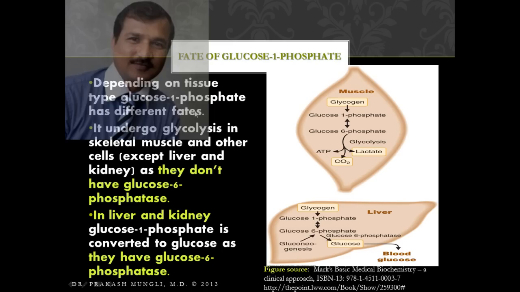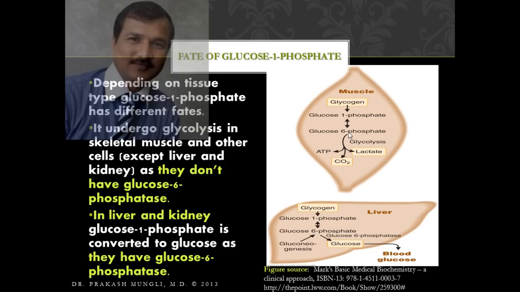So what happens to the glucose 1-phosphate that is released by glycogen phosphorylase? It all depends on which tissue this glycogen degradation is going on. We'll take muscle as a peripheral tissue, and it applies to other peripheral tissues apart from the liver. In skeletal muscle and other tissues other than the liver, glycogen is broken down and released as glucose 1-phosphate, which is converted to glucose 6-phosphate.